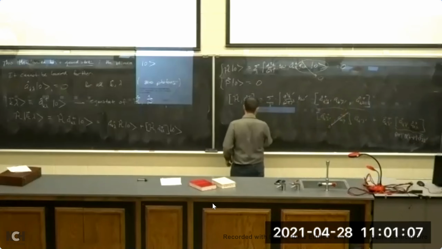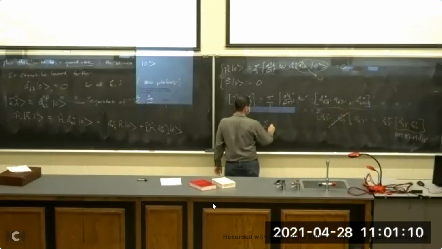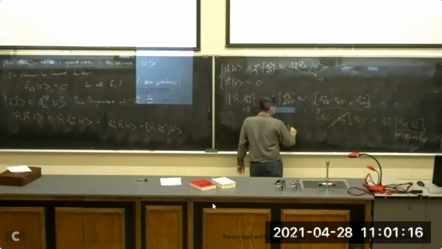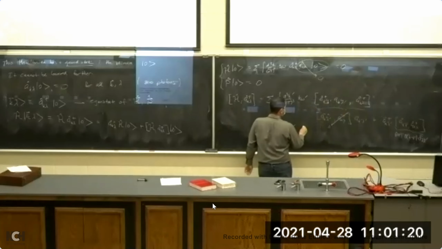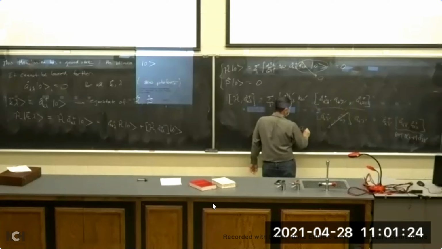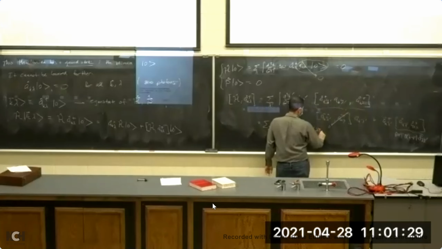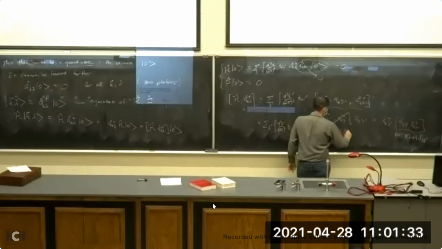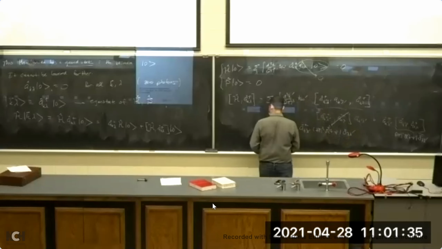So when I plug this in, this gives me the sum over lambda prime, integral d^3k prime over (2π)^3, h bar omega prime, and what I'm left with is A k prime lambda prime dagger times (2π)^3 delta of k minus k prime, delta lambda lambda prime.